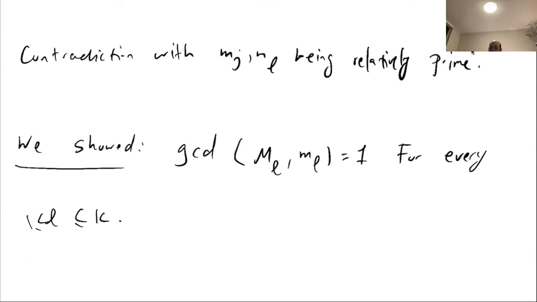Now, if the GCD of two numbers is 1, what congruence can I say will have a solution? Thus, capital ML times X congruent to 1 mod ML will have a solution.